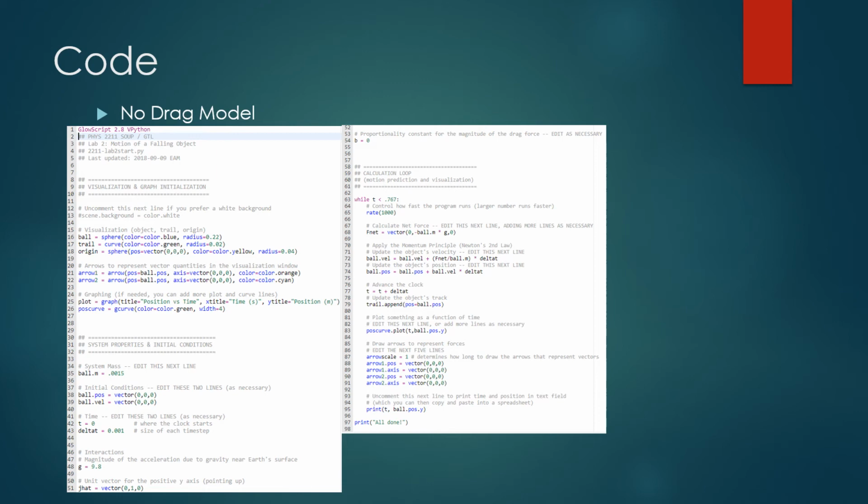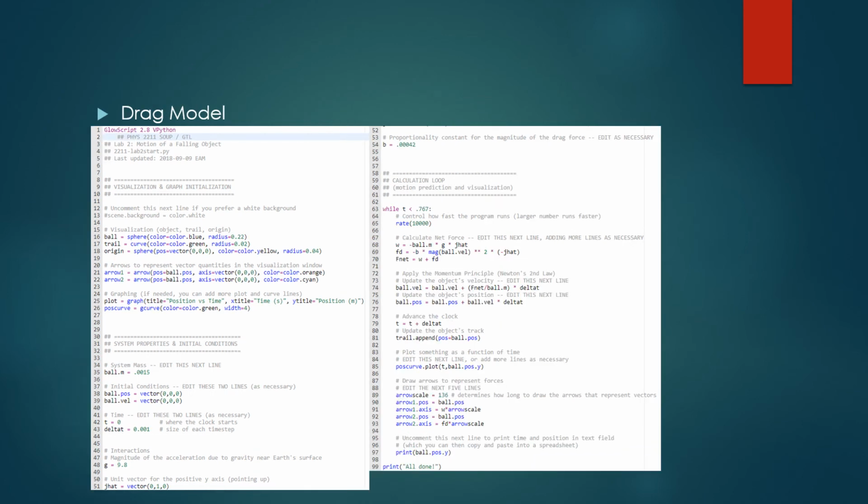At line 54, the drag constant has been set to 0 to account for no drag. Lines 72 and 74 are our normal update formulas, with F net over ball mass equaling acceleration times delta t to give us our new velocity, and our ball velocity times the time step to give our new ball position, or change in ball position. And then after that, we have our plotting equations like normal.